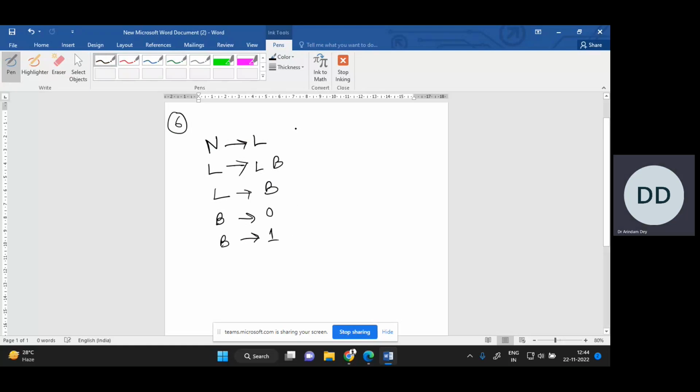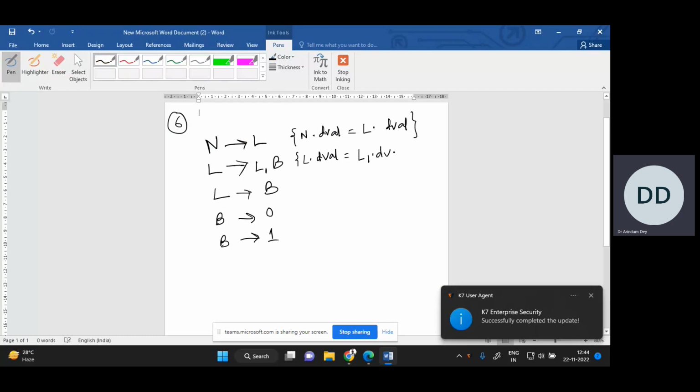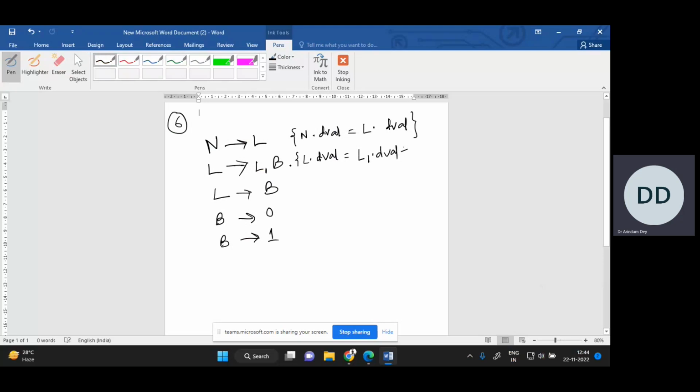Now I am writing the rules. N.dval equals L.dval. Here I am writing L1.dval because L and L1 are the same kind of node.